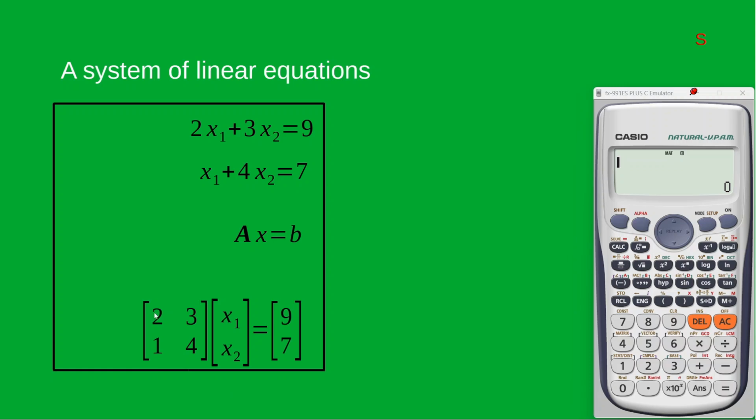The first matrix, 2, 3, 1, 4, is the coefficient matrix. 9 and 7 is the constant matrix, and x1 and x2 are the unknowns. So the equivalent way of writing the system of linear equations as a matrix is shown below.